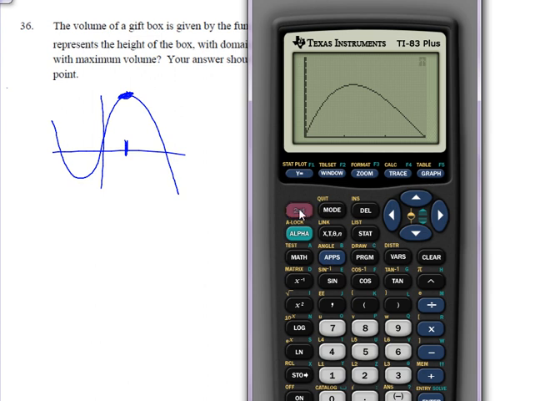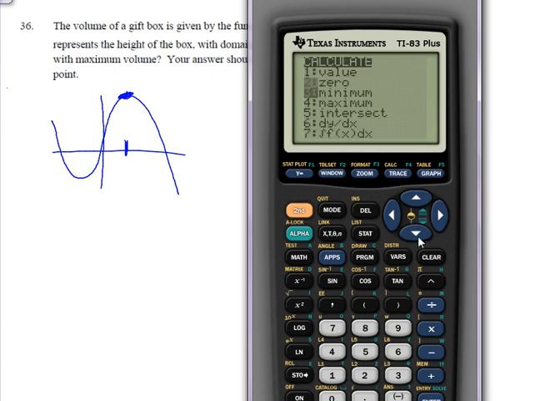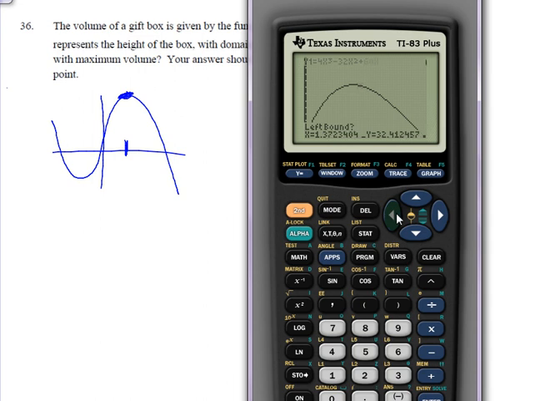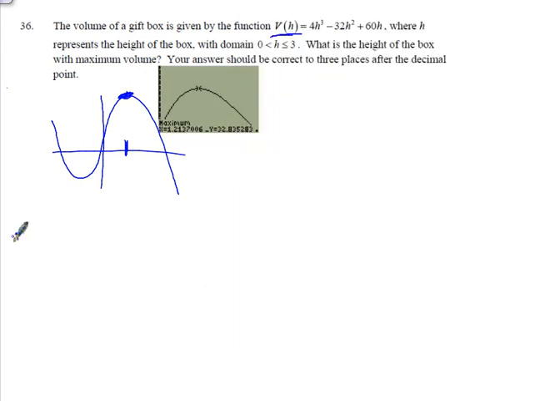So then all you're doing is second trace, go to maximum, left bound, so we're going to go slightly to the left of my maximum. Then I'm going to go slightly to the right of my maximum, and then I'm going to guess. And it gives me 1.21 with a maximum volume of 32.8.